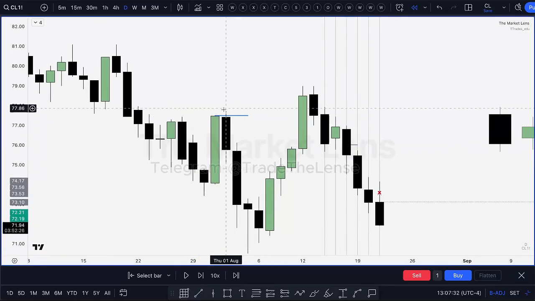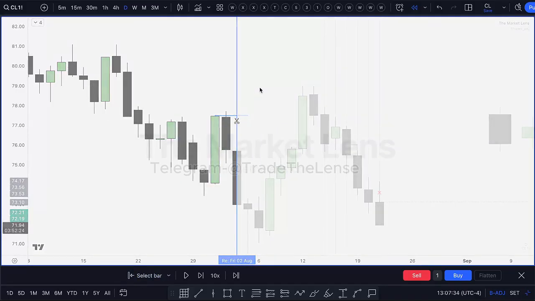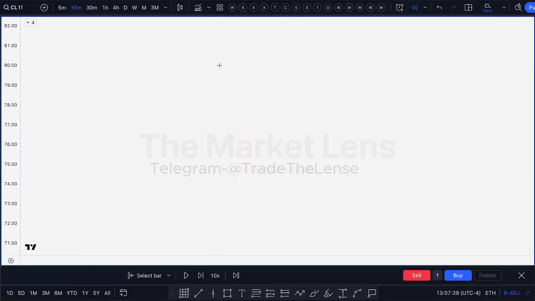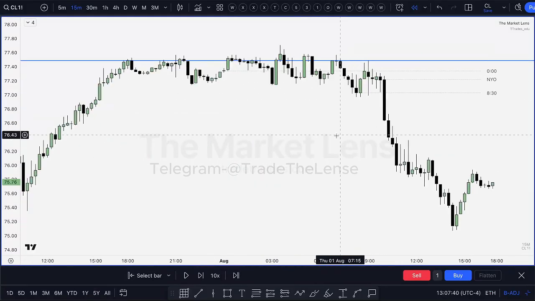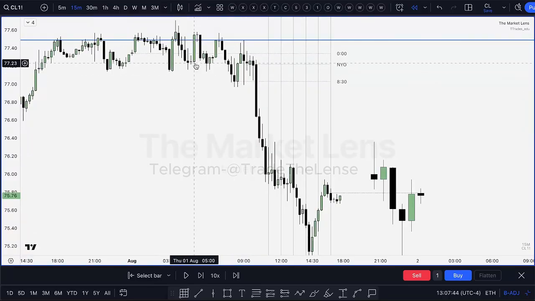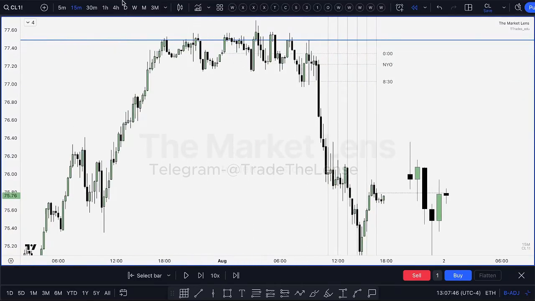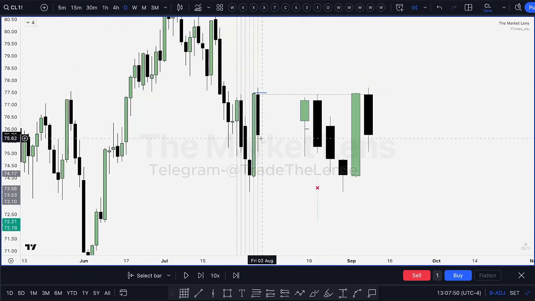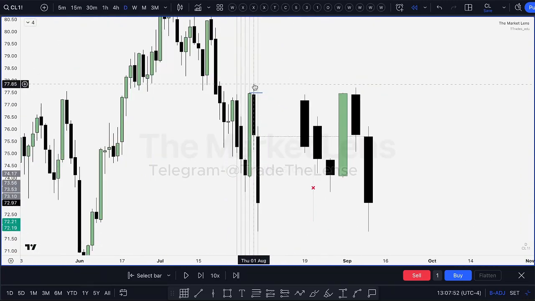The foundation model will catch that. We can go into here, and then if we get on side with a 15-minute, depending on the time, that is horribly messy, but the foundation model can get on side with the reversal day. The fractal model waits for the day following, so the next day. So that's the main difference.